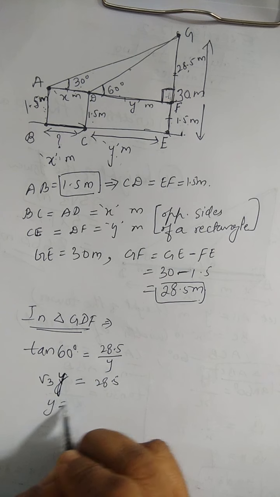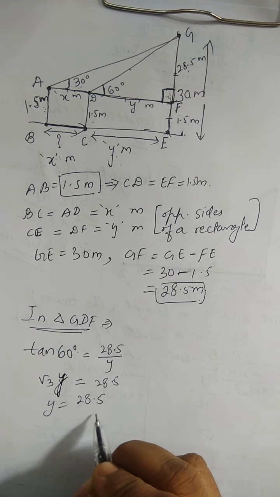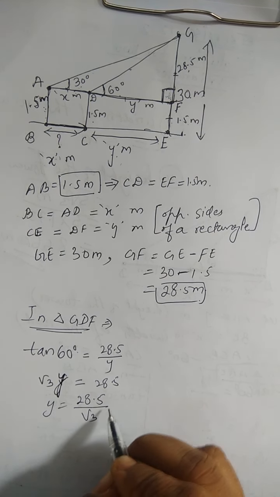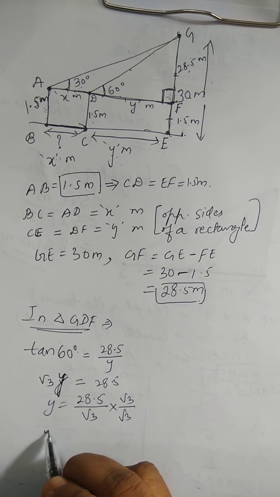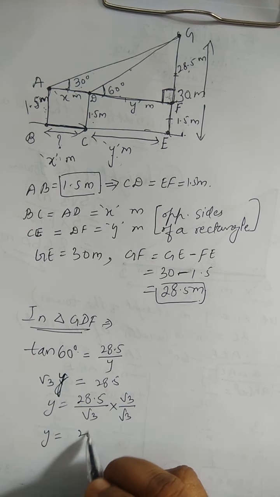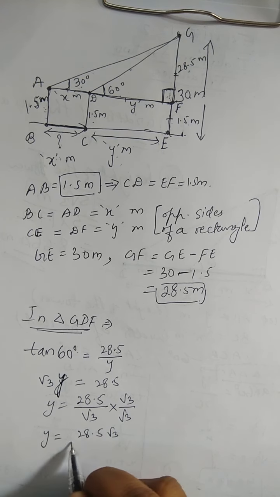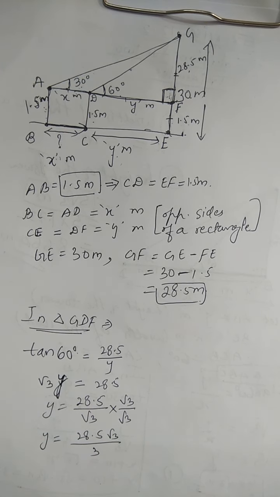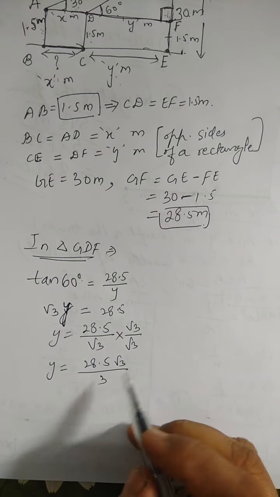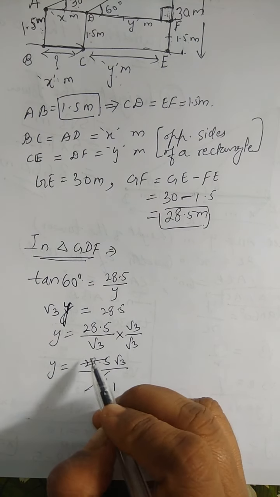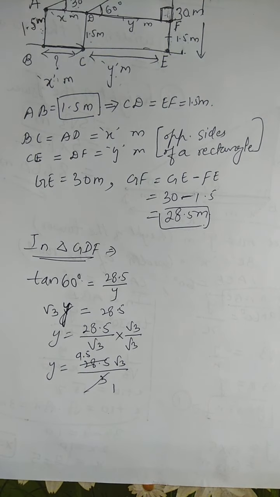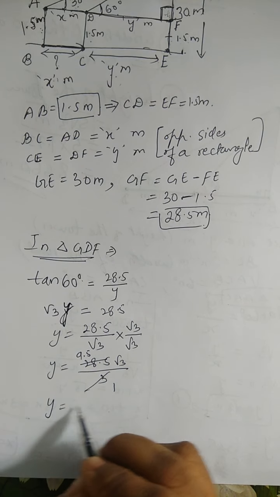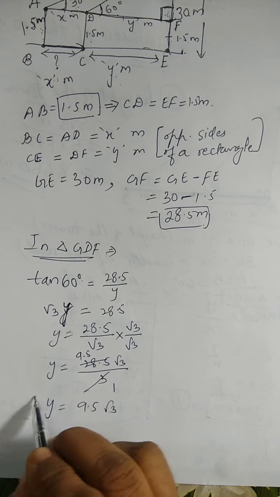So y will be equal to 28.5 upon root 3. If you want to rationalize it, y is equal to 28.5 root 3 upon 3. Cancel it: 3 ones are 3, 3 nines are 27, 3 fives are 15. So we got the y value as 9.5 root 3.